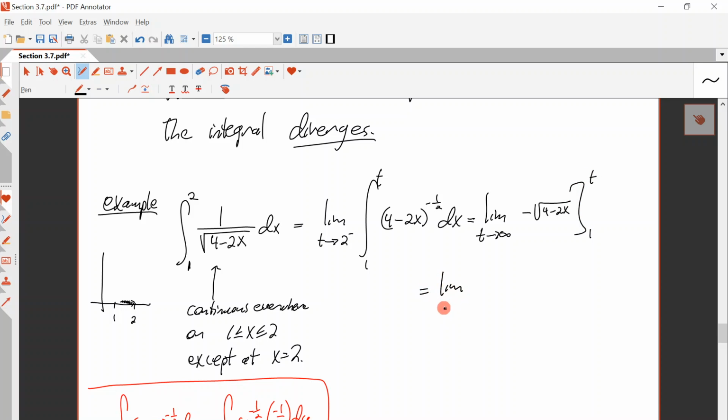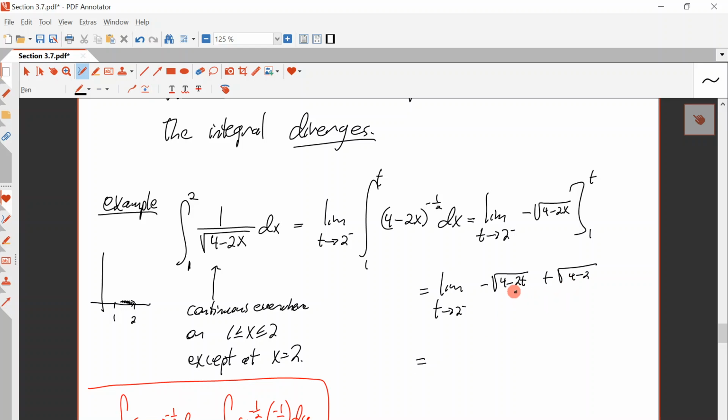Or not t goes to infinity, t goes to 2 from the left. Limit as t goes to 2 on the left, minus square root of 4 minus 2t plus the square root of 4 minus 2. This one is equal to just square root of 2.